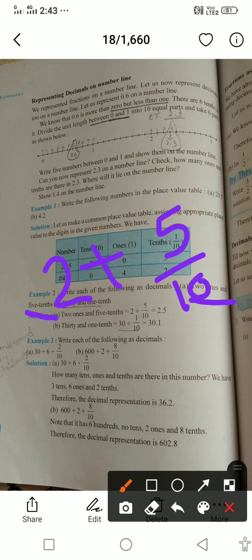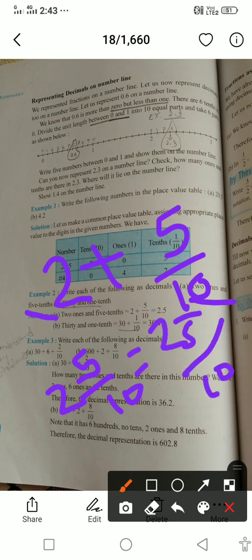So it becomes 2 plus 5 by 10. Exactly, we know about 2.5, but we have to write it. So 10 twos are 20, 20 plus 5 is 25 by 10. So 25 by 10 means we can write 2.5.